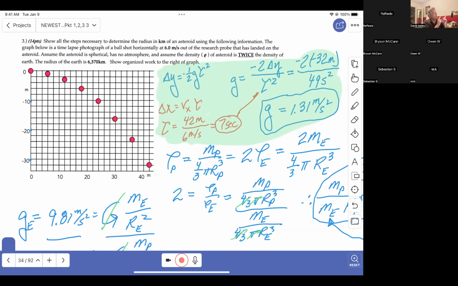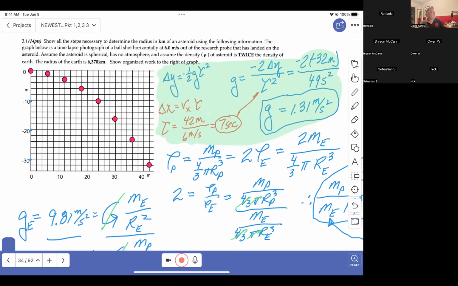But I don't think that I gave you the same kind of information. I gave enough information where you can find out. I think I gave you like the time interval, okay? Like it's 0.2 seconds between dots kind of thing.